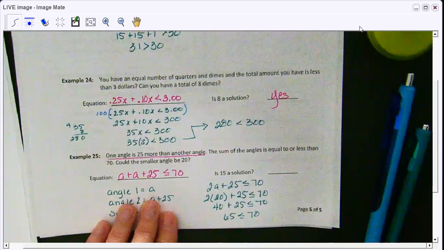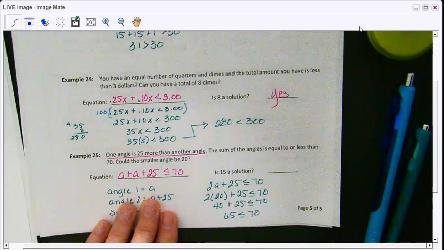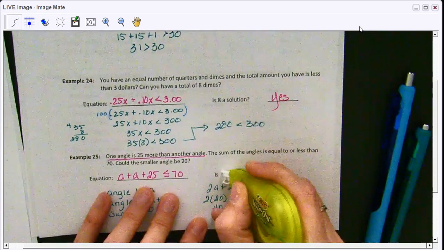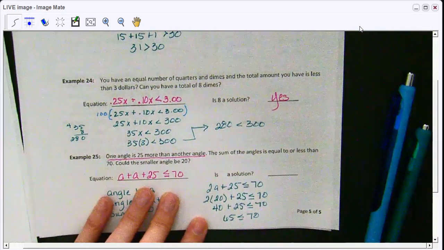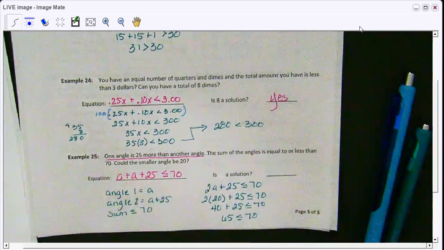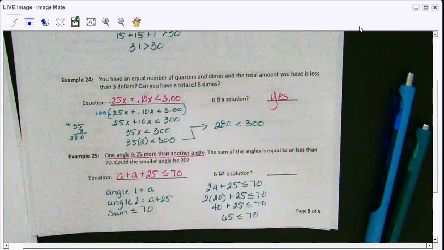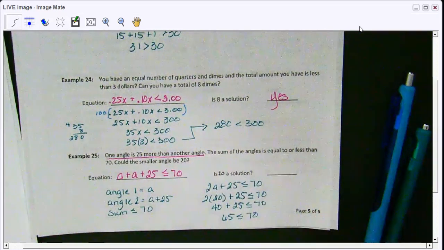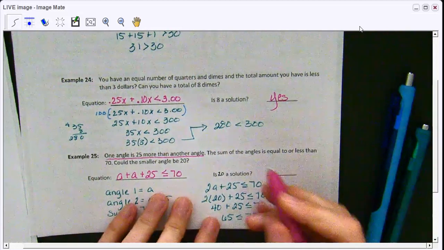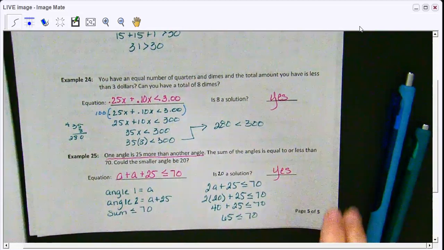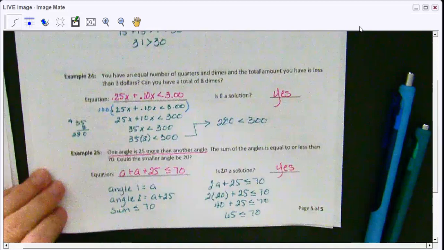You can cross that off and put 20. So can 20 be a solution? Yes, it can, because it's less than. All right, so that is the end of 4.1.